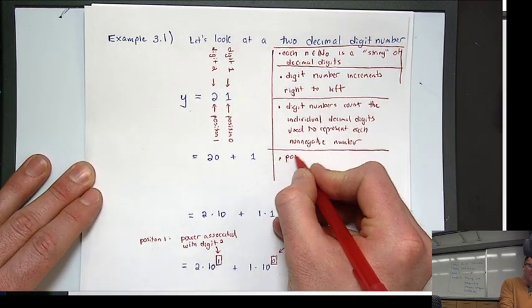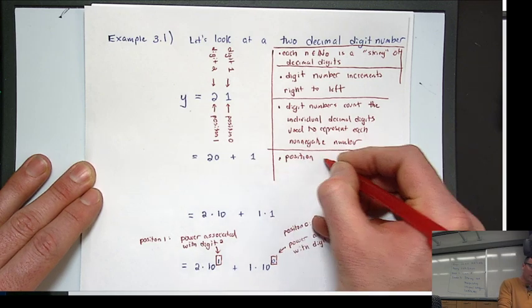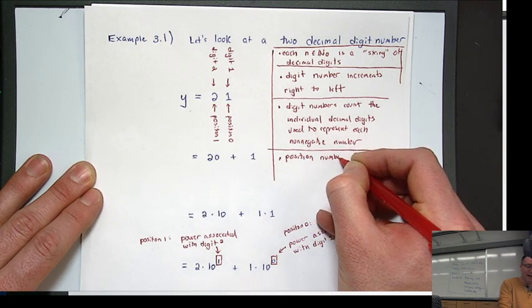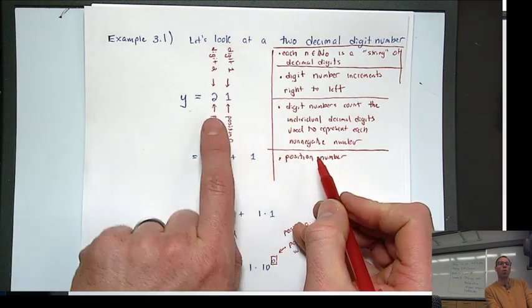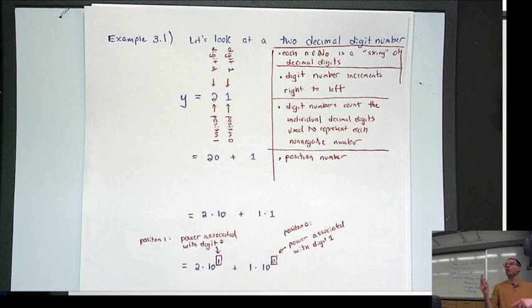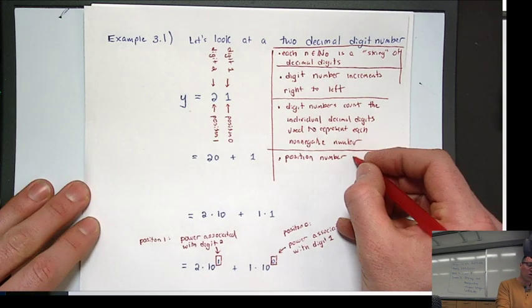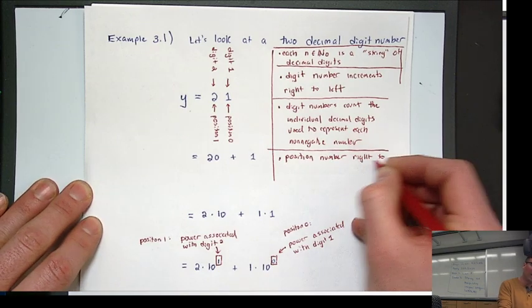What is the position number count? And why don't we just go ahead and track this? Position number, how does it increment? Does it increment left to right, or does it increment right to left? Right to left.